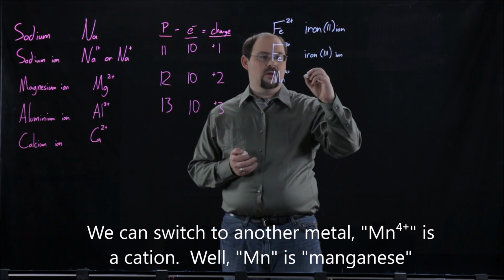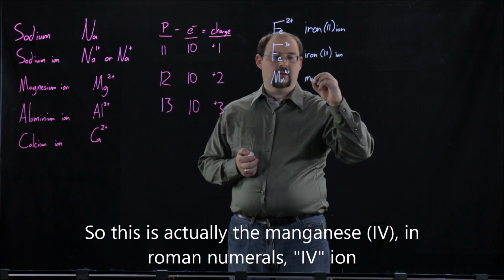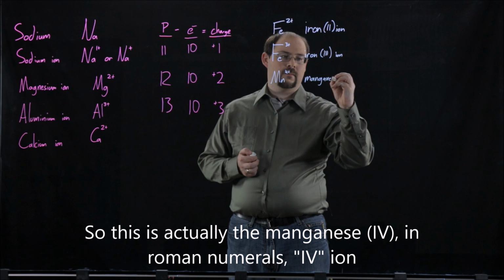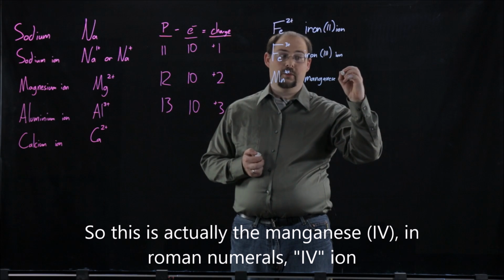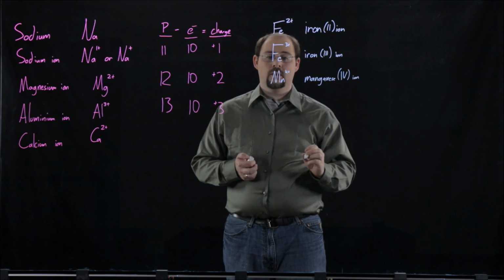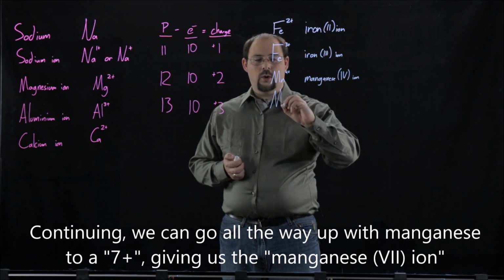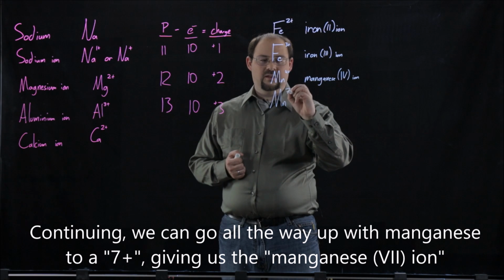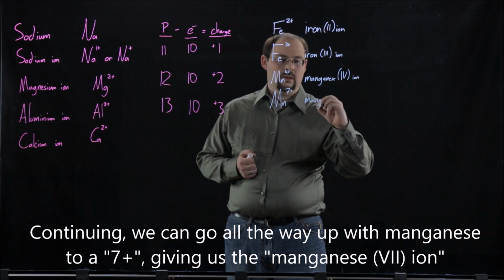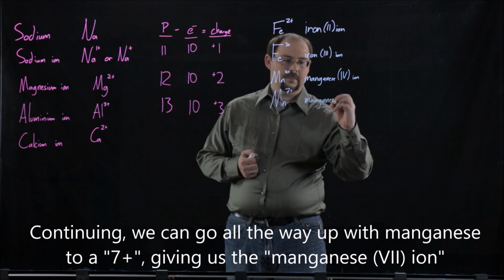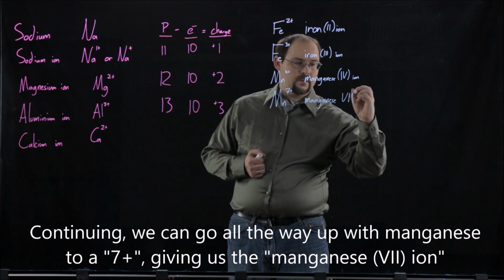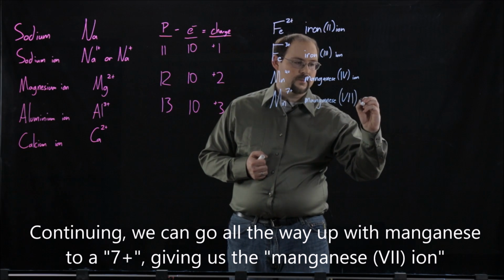Well, Mn is manganese. So this is actually the manganese 4, in Roman numerals, IV, ion. Continuing, we can go all the way up in manganese to a 7+, giving us the manganese 7, VII, ion.